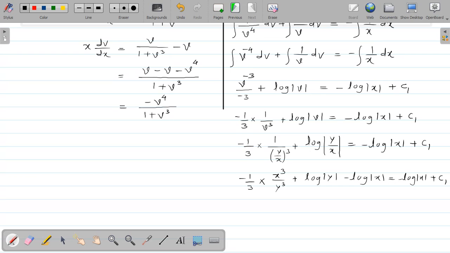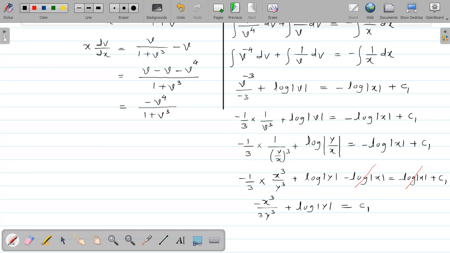Now if you observe here carefully, then after this substitution, this minus log of modulus of x and this minus log of modulus of x will get cancelled, and hence after this what will you get? See here, minus of x cube upon 3y cube plus log of modulus of y is equal to, you will get the constant as c1.